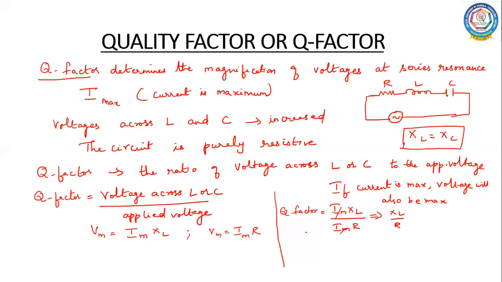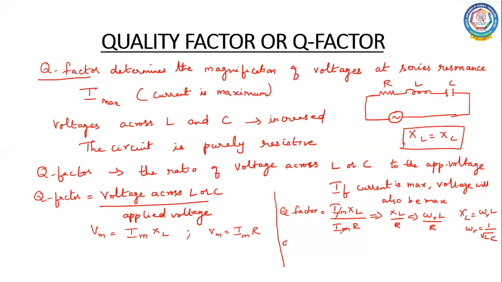Okay, now I can write this value of XL. So what is XL? XL is nothing but omega R into L, right? So substitute XL as omega R into L by R. And also I know the value of omega R. What is omega R? Omega R is nothing but 1 by root of LC. So substitute here.